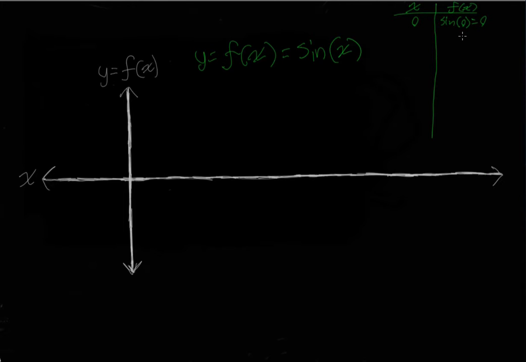It could be helpful to draw a little unit circle. I don't want to use too much of the space down here, but we could draw a little one, as long as we keep it small. A little unit circle. All right, the sine of 0 is just down here along here.